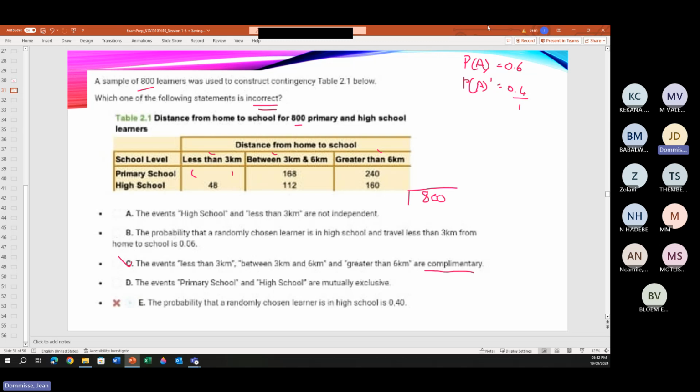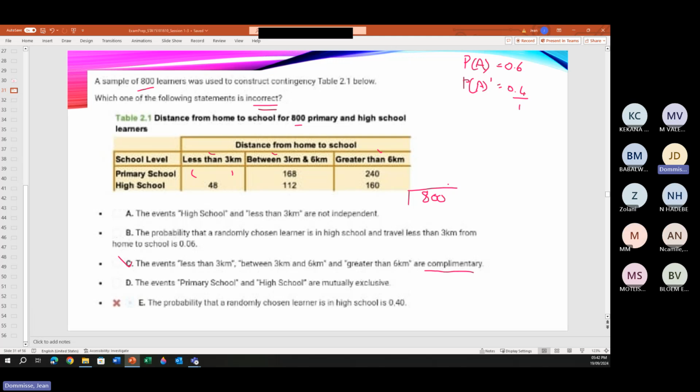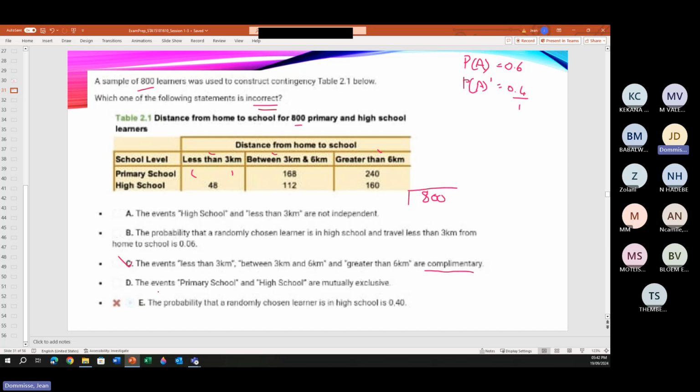Okay, so if there were 6 of them, the same. The probabilities will always add to 1, and because of that, they are complementary. Okay, but we're looking for the incorrect one. The events primary school and high school are mutually exclusive.